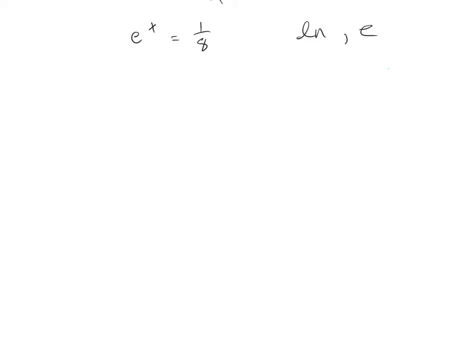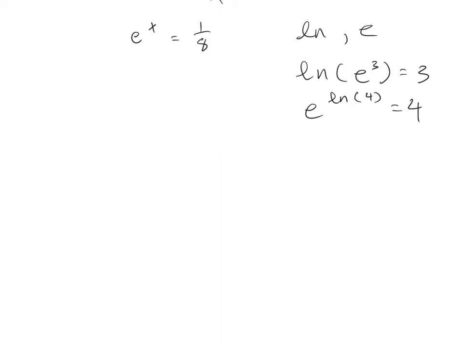So if we took the natural log of e to, let's say, 3, this is going to equal 3. Likewise, if we took e to the natural log of, let's say, 4, the answer is going to be 4. They kind of cancel each other out because they are inverses of each other.